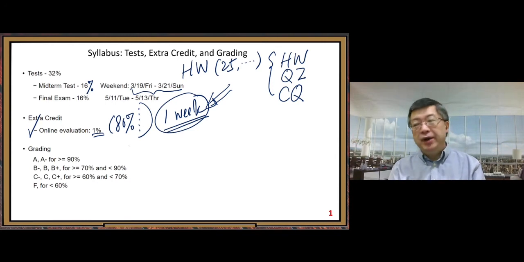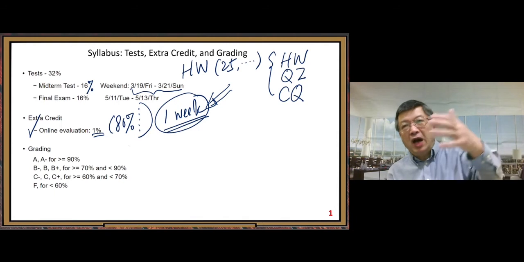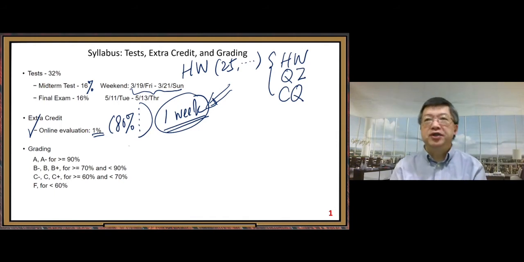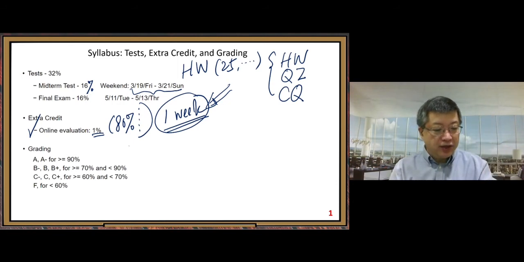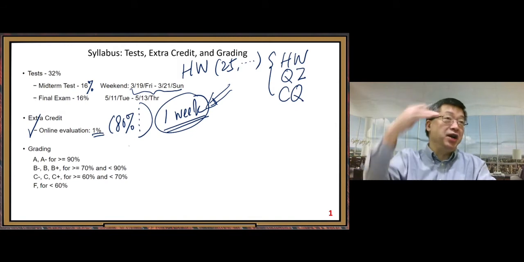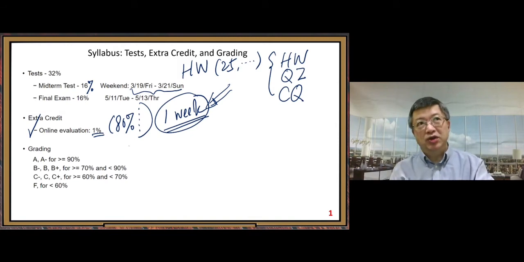If you keep pace with the class and try to understand the best you can, it will not be very hard to get a good grade in this class. So that's the grading part. I use plus and minus, because I want you to get a more precise grade.